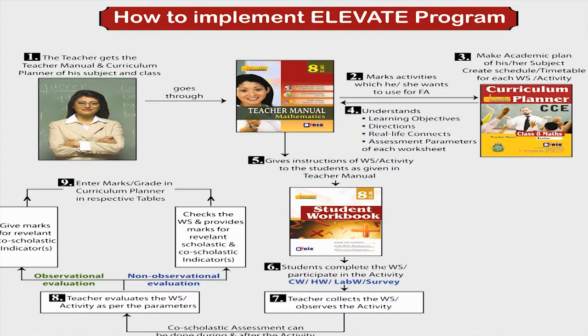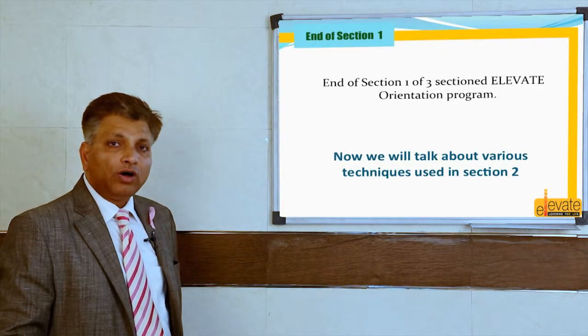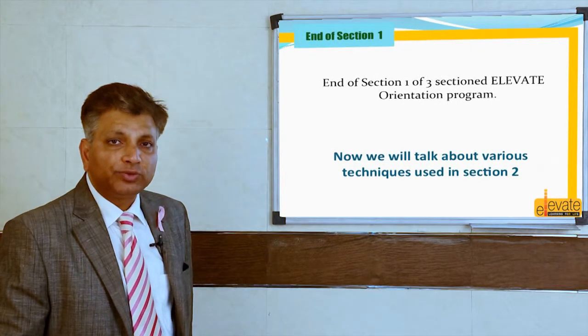While the activity is being conducted, teacher would be observing for observation evaluation and non-observation evaluation, and then these marks obtained in scholastic and co-scholastic domains would be entered into the curriculum planner once again for the sake of making results. This way we finish section 1 of the 3-section orientation program on Elevate.